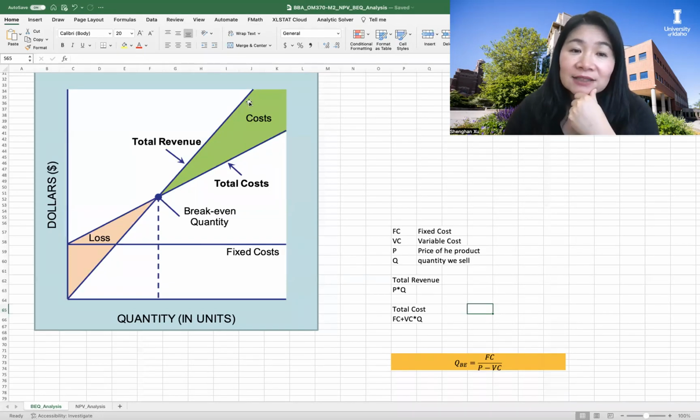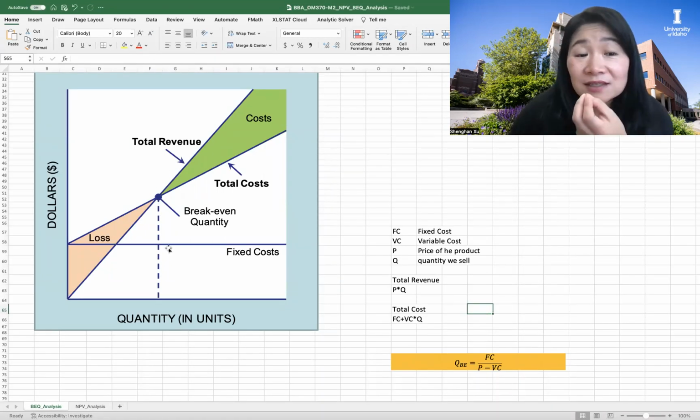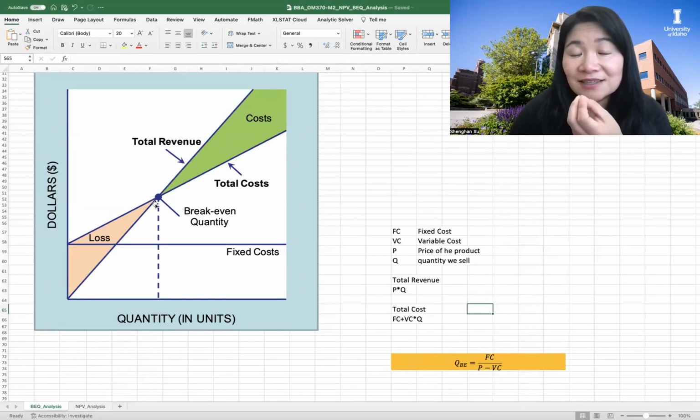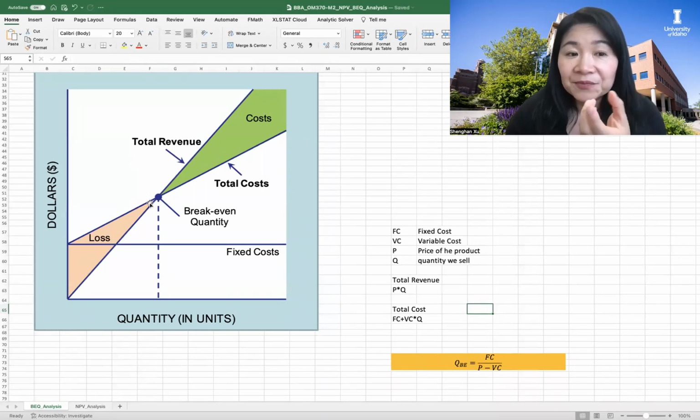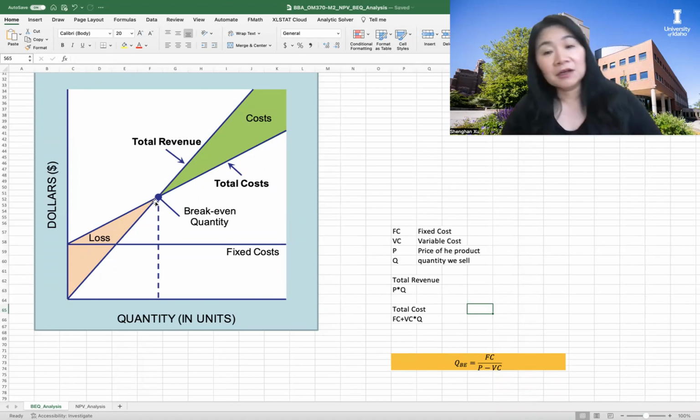And then in this area, my revenue is higher than my cost. What is this? In economics, we call it equilibrium, right? This is the crossover point, which is essentially where total cost is equal to total revenue. And you know that you have to produce more than this quantity, right? Because this is the break even. That's the point we call the break even, the crossover point of the total revenue and total cost lines.